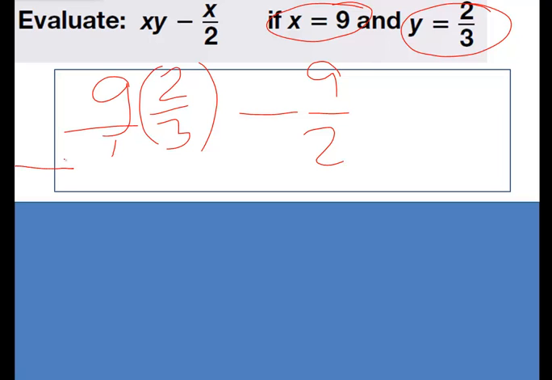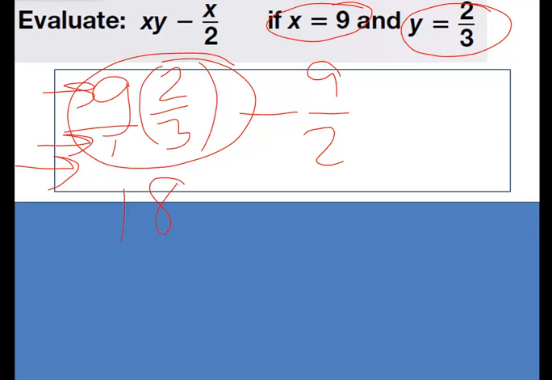So working from left to right, the first thing we come across is this multiplication problem right here. 9 times 2, because we multiply straight across when we do fractions, remember? So 9 times 2 is 18. 1 times 3 is 3. So we've got 18 over 3 minus 9 over 2. All right, our next thing that we need to do is get a common denominator, which is going to be 6.